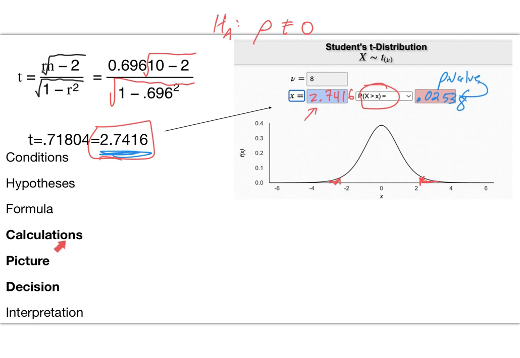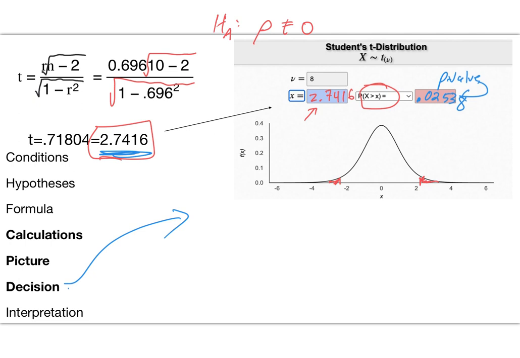All right. So we did our calculations. We have our picture. What's our decision? What is our decision? Is that p-value too big or too small?